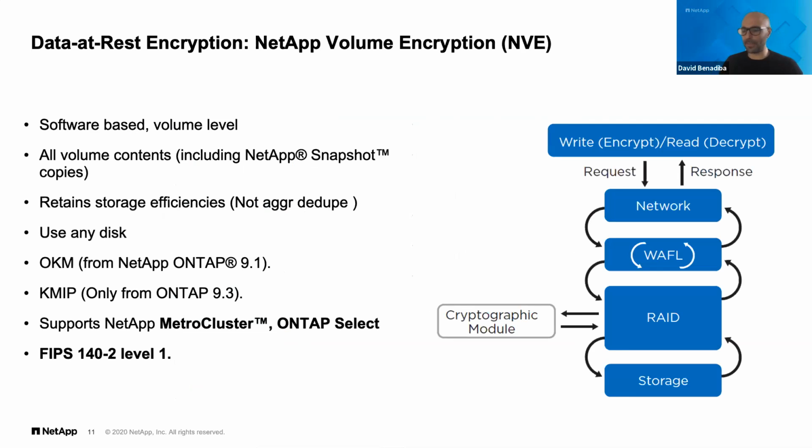There is a little chip inside each and every node, which creates the keys and encrypts all the different blocks. This encryption is done at the RAID layer, which consumes a little bit of CPU cycles, but now you have encrypted your data and you're able to destage it to your disk drives. Whatever disk drive you have, it could be self-encrypting drives or regular drives.